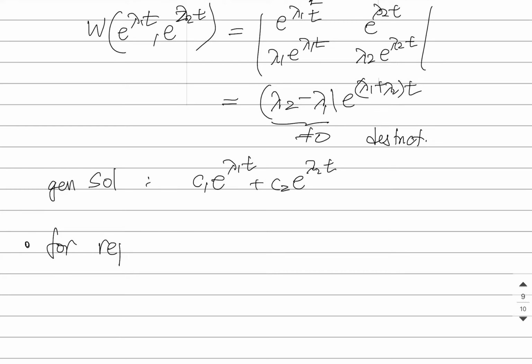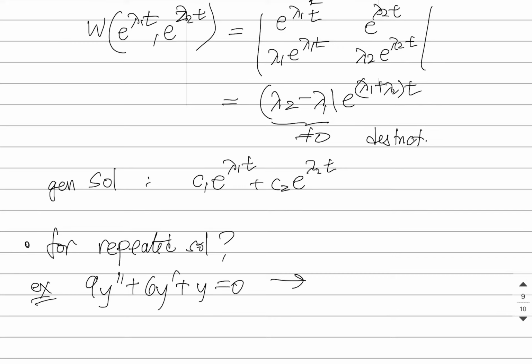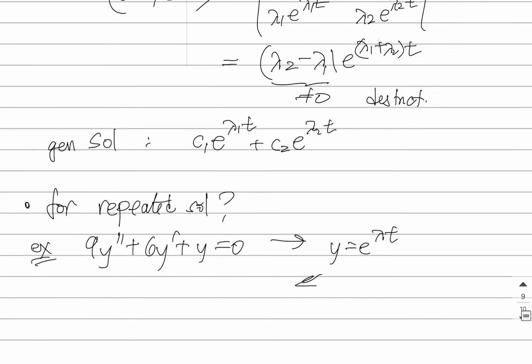What if I have a repeated solution? So for example, if I have this equation, 9y'' + 6y' + y = 0. If I use y = e^(λt) and I sub this back in, I get 9λ² + 6λ + 1 = 0.